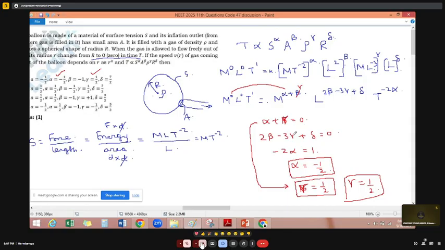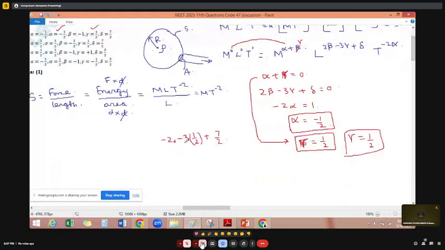If I put minus 1 here, I will get minus 2 into minus 1. So minus 3 gamma, minus 3 gamma is minus 3 by 2, plus delta. Delta here is 7 by 2. So will we get 0 here?